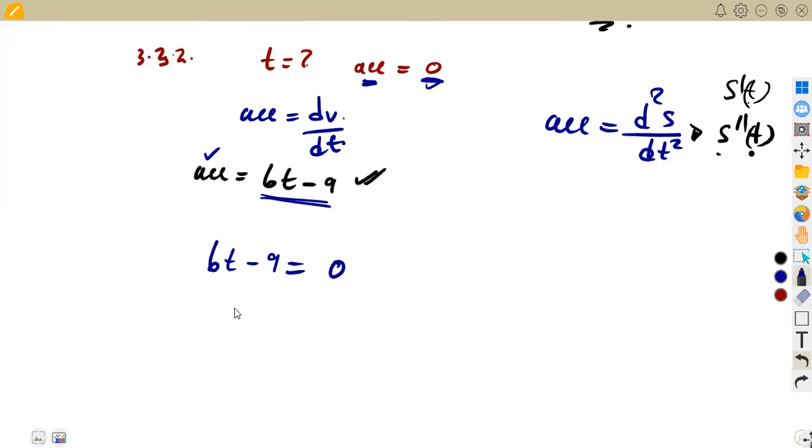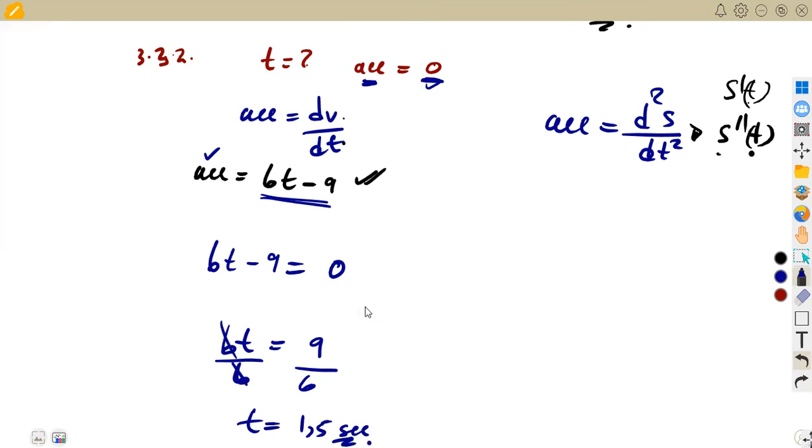So we have formulated an equation where we can solve for t. 6t is equal to 9, transposing negative 9 to the other side as a positive 9. To find t, simply divide by 6 on both sides. We have t equal to 1.5 seconds.